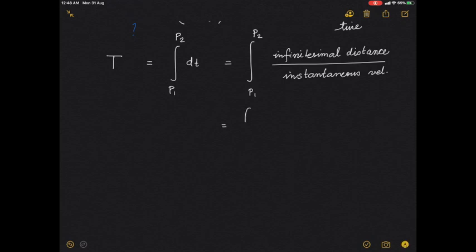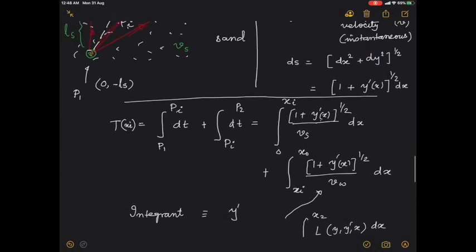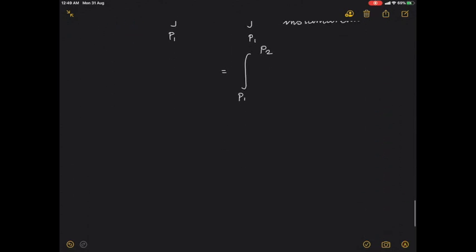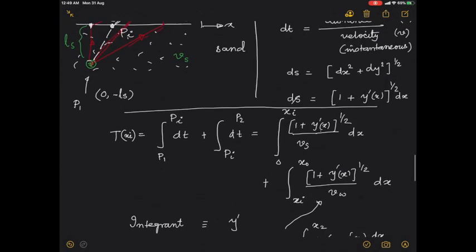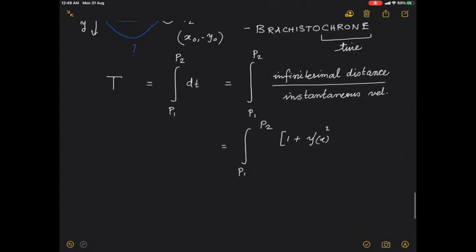And now, what is the infinitesimal distance? Well, that we worked out here. It comes out to be this, ds equals that. So I just write that down. I'm sorry, there is a dy squared there, so all these will come with a square, which I forgot. I just realized now.